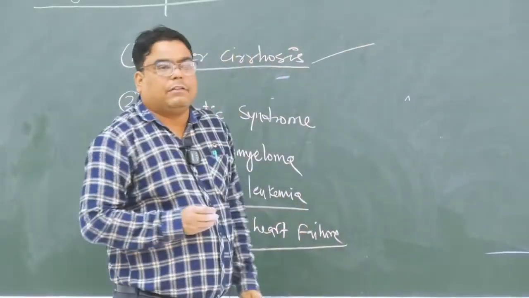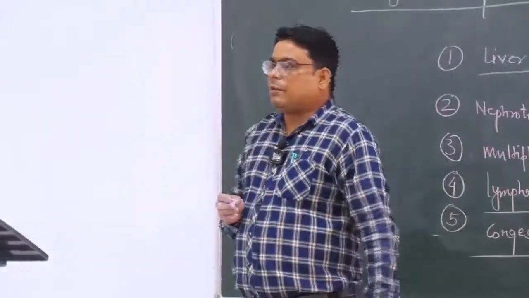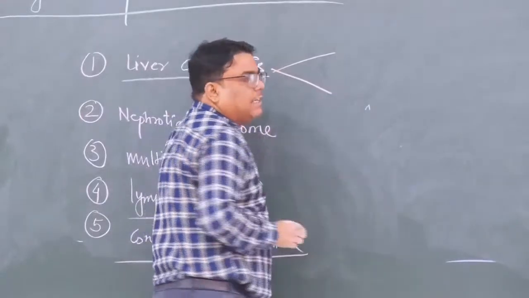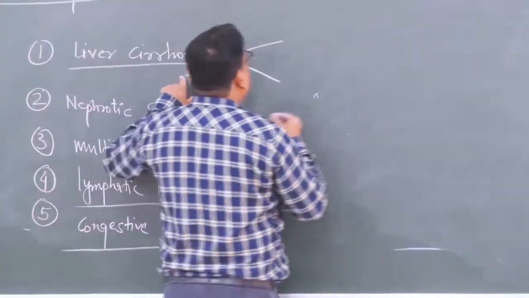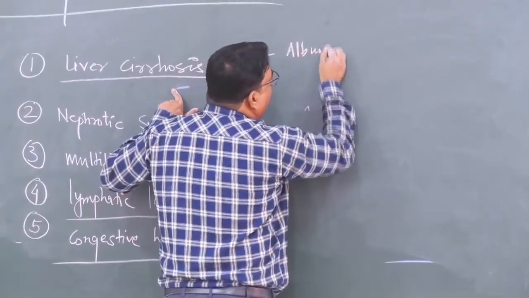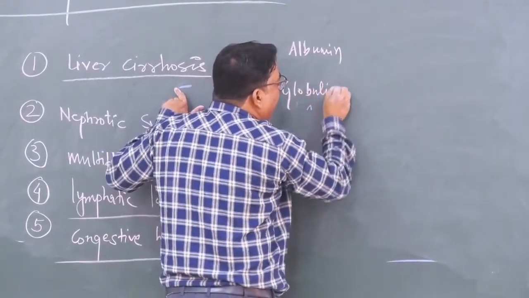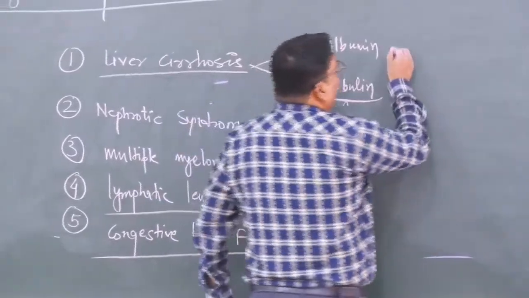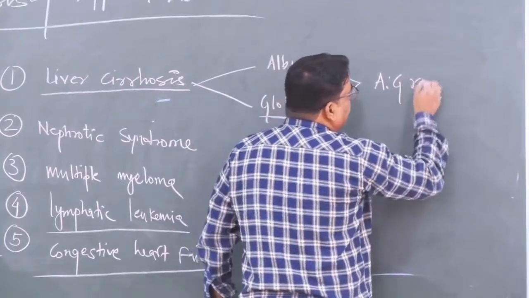Basically, in a liver function test, what do we check? We assess the function of the liver, and how can we check it? By the synthesizing rate of the liver. It mainly synthesizes albumin and globulin, and we call this the AG ratio.